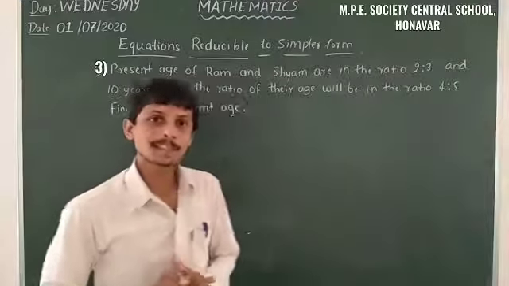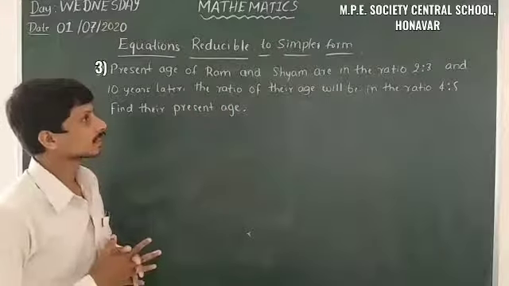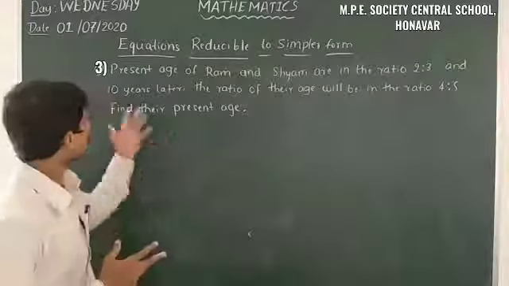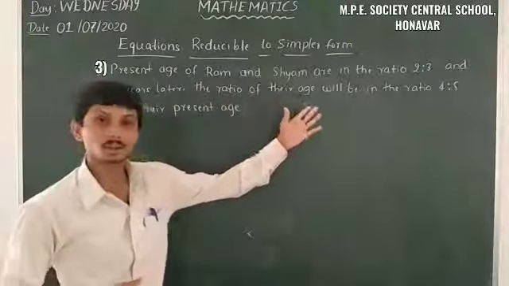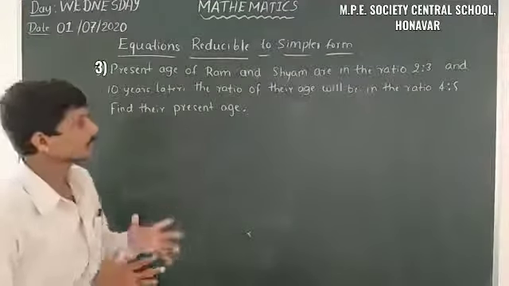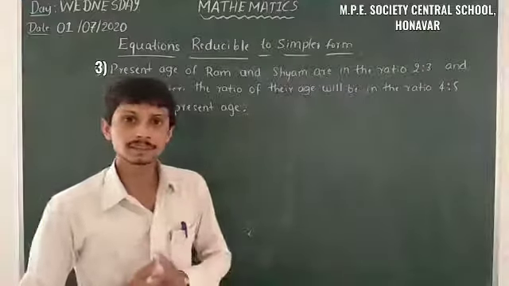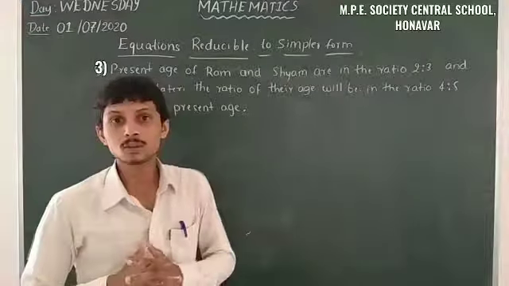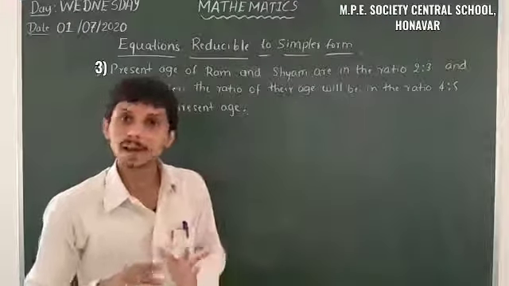The problem tells us that the present ages of Ram and Shyam are in the ratio 2:3, and 10 years later the ratio of their ages will be 4:5. Find their present ages. Whenever we get a ratio of this type, I always tell you that 2:3 means a division of 2 by 3.